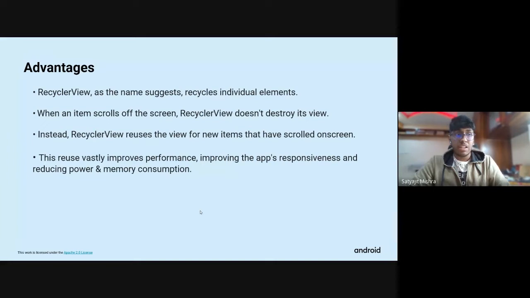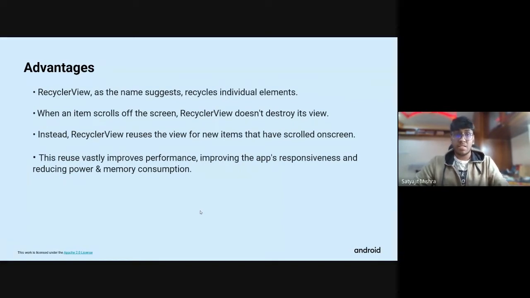It was not an intelligent software. What list view did was it did not take into consideration the memory of the Android device, or the power consumption, anything. So that is when recycler view comes in. As the name suggests, recycler view recycles every element.